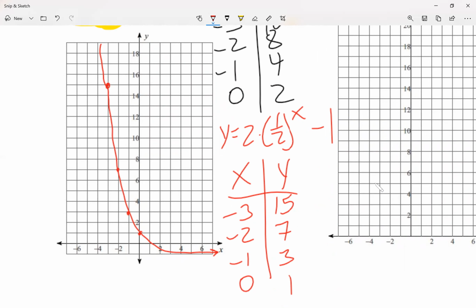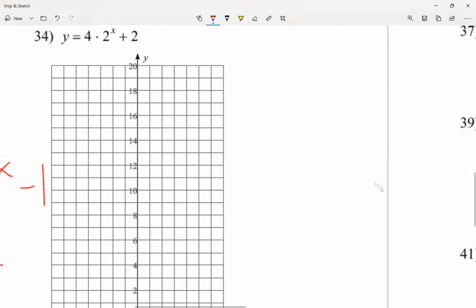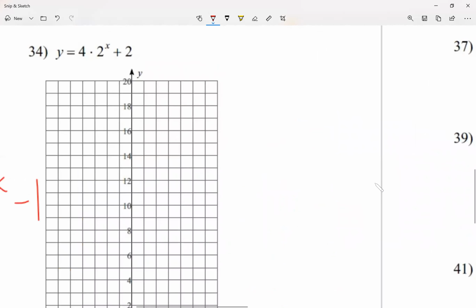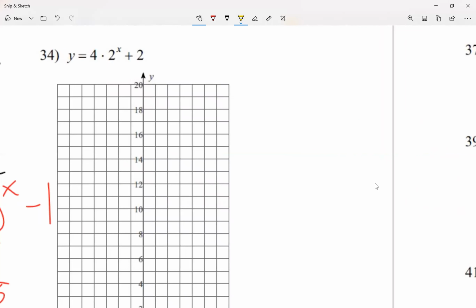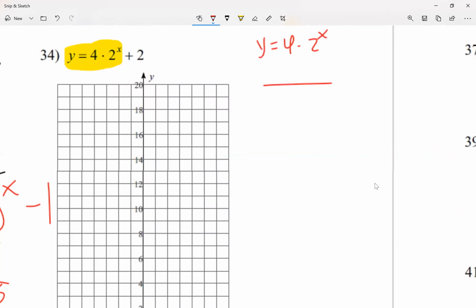Let's take a look at question number 34. To begin with, let me just think of y is equal to 4 times 2 to the x. Let me just look at it that way. I'm looking at y is equal to 4 times 2 to the x. I create a table of x and y values.